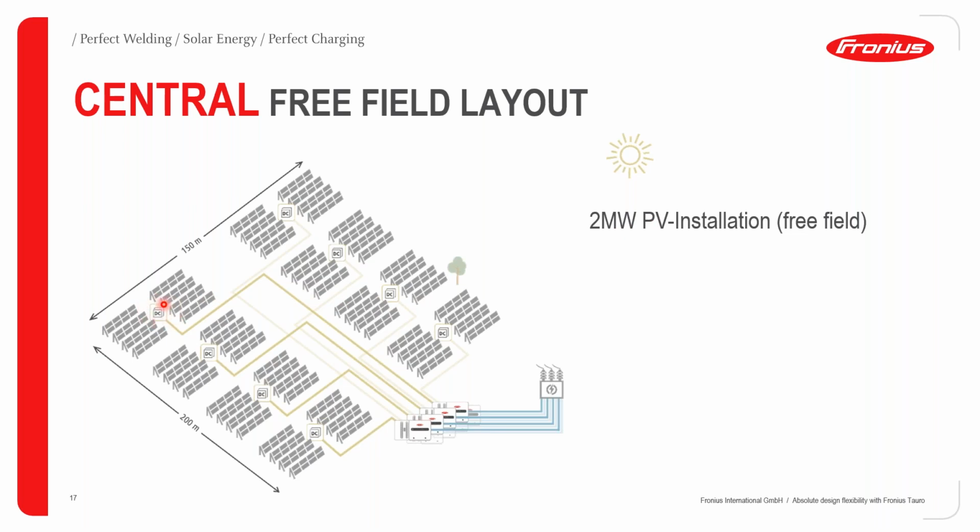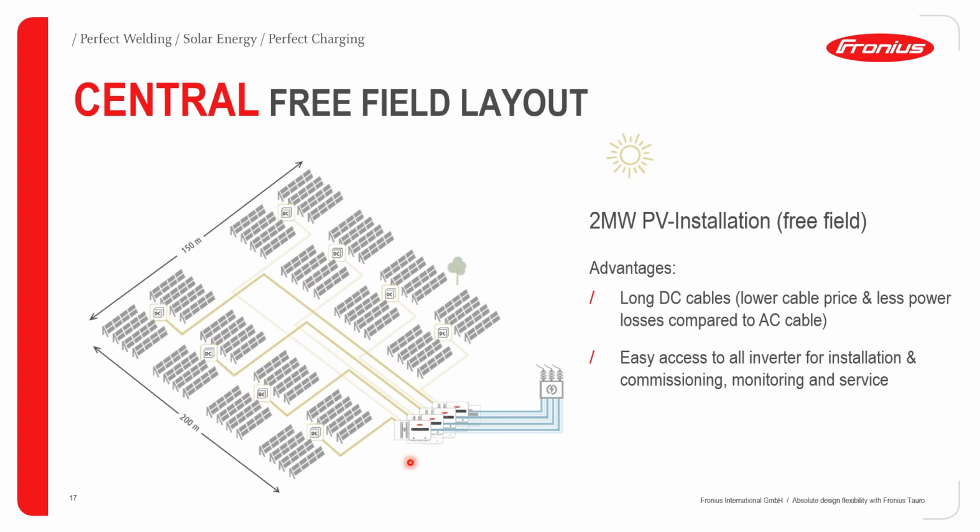We have DC combiner boxes decentrally localized across the field to collect multiple arrays, and then we run big DC cables to our centrally positioned pre-combined Tauros. So of course we have advantages here. For example, think about a big installation like here, 2 megawatt peak.